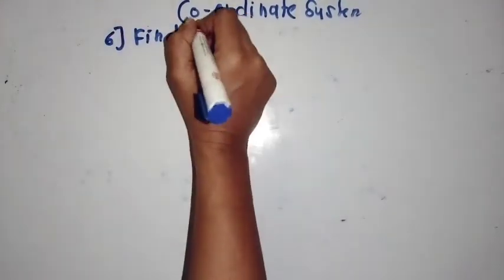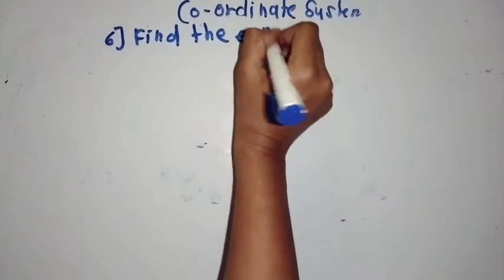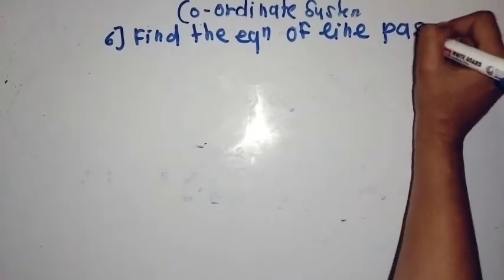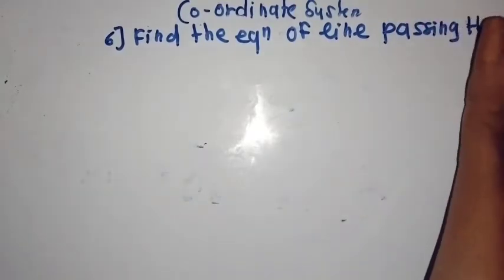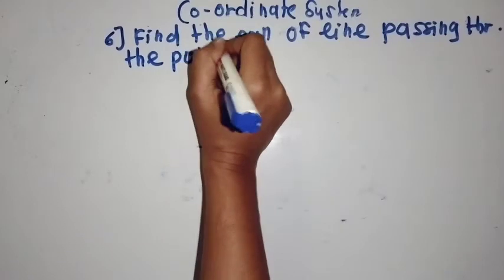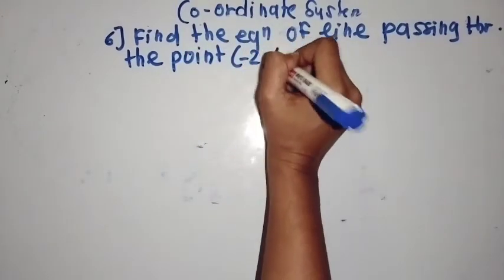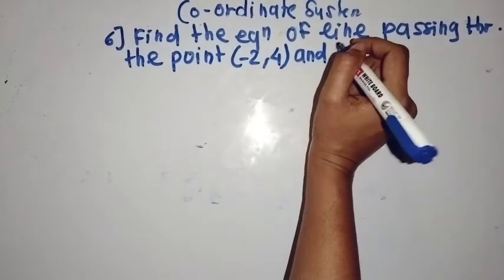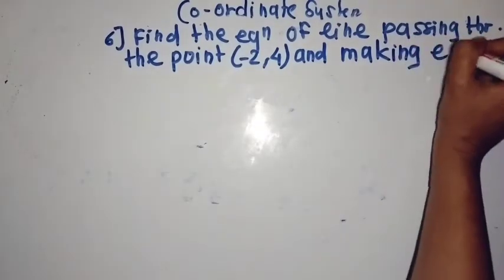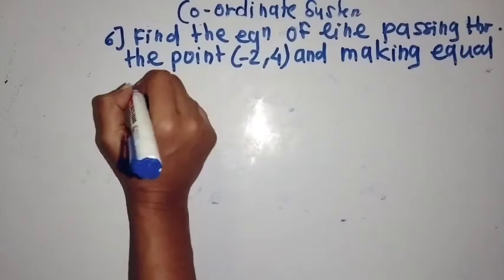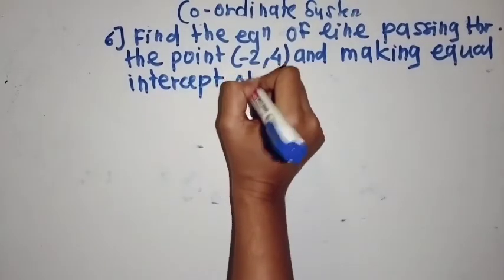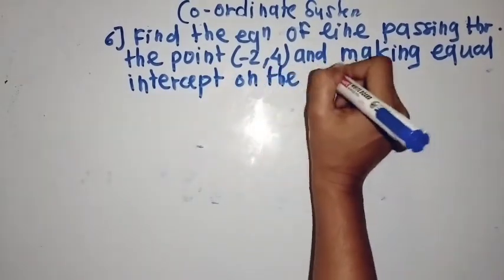Find the equation of the line passing through the point minus 2, 4 and making equal intercepts on the coordinate axes.